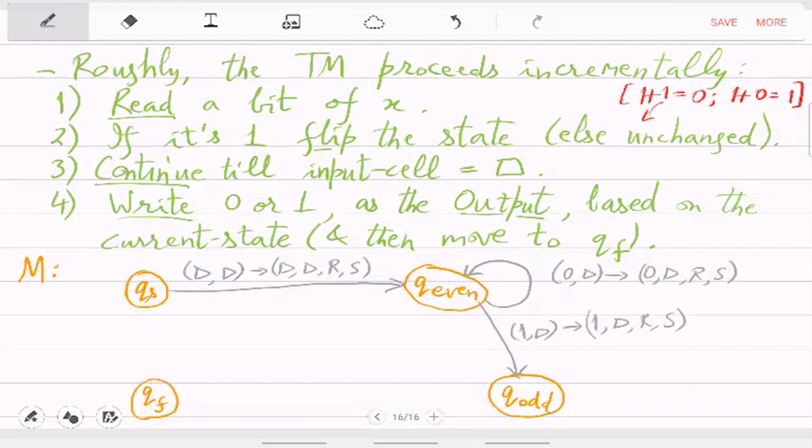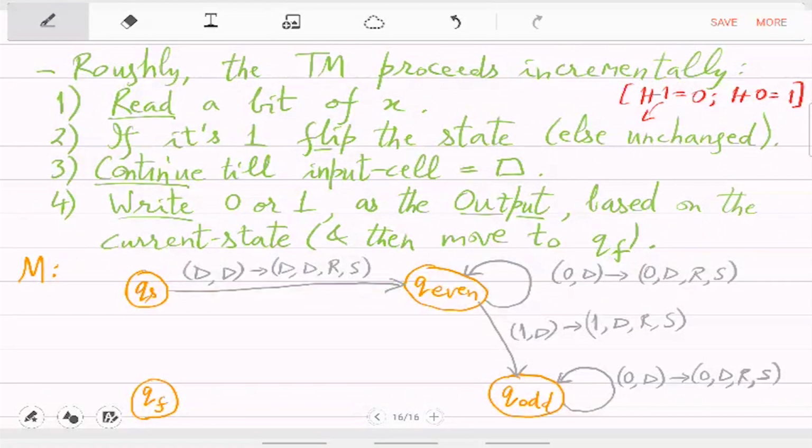Now in odd, if you are in the odd state at some point of time, then again looking at 0 you will remain in the odd state, and you keep moving right on the input tape because you want to move to the next input bit. And it seems that the work tape is not of any use. On the work tape, the head is always on the start symbol. So this doesn't even need the work tape actually.